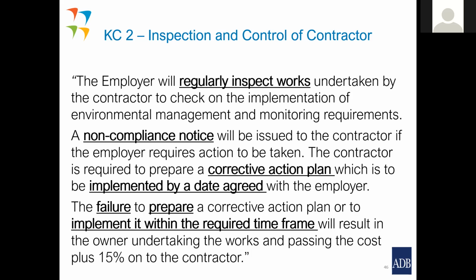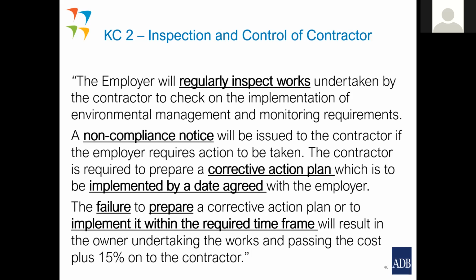If the employer requires action to be taken, the contractor is required to prepare a corrective action plan, which is to be implemented by a date agreed with the employer. The failure to prepare a corrective action plan or to implement it within the agreed timeframe will result in the owner undertaking the works and passing the costs on plus 15%. So it's got an enforcement clause in there.